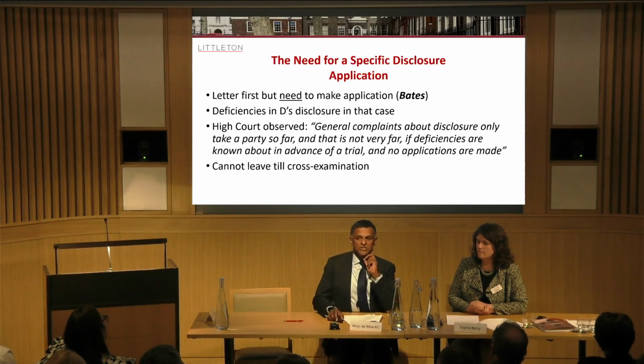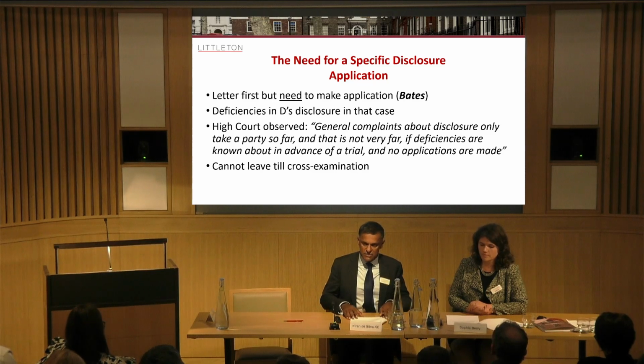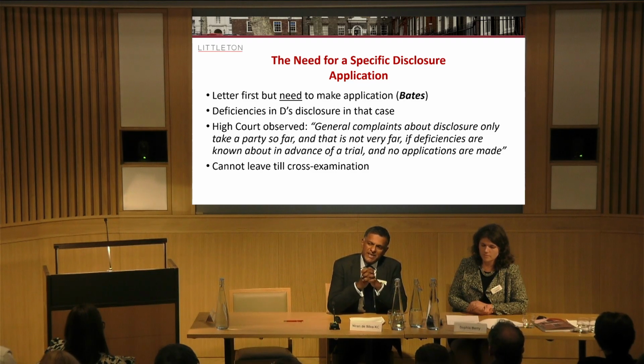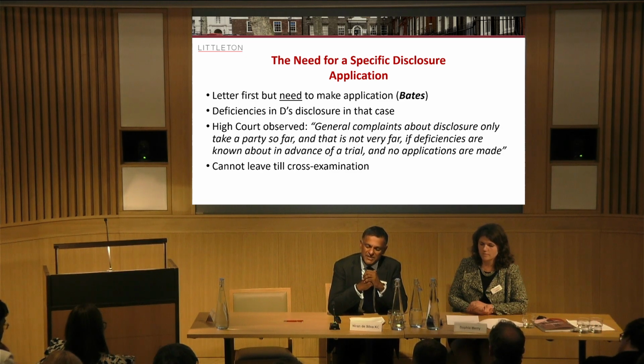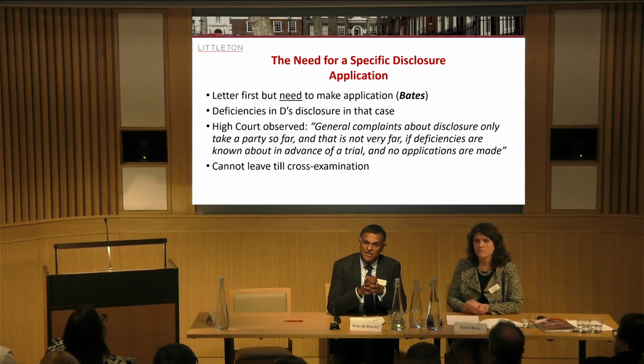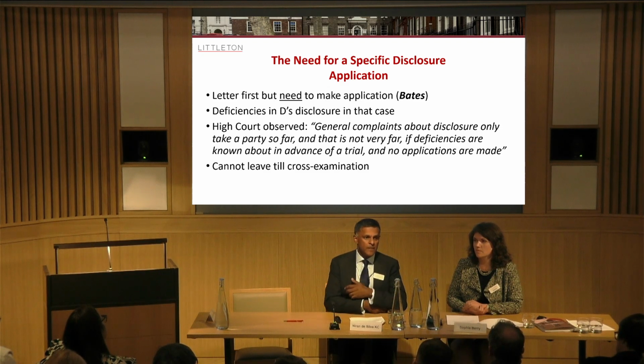So turning to specific disclosure applications, particularly given the speed at which we hurtle towards speedy trials after interim hearings, it's, I think, often worth, as parties often do, writing to the other side in advance of standard disclosure or Model D disclosure and saying, we expect to see this in your disclosure. That's all well and good.